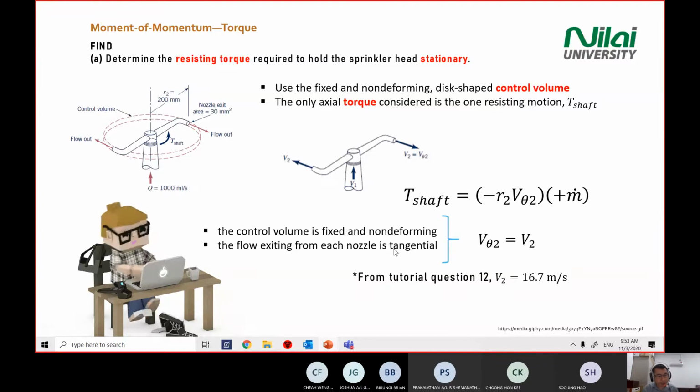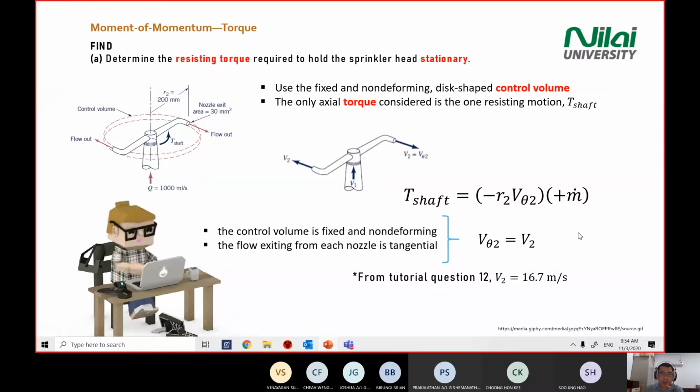Right now, from this, the same setting, if you refer to question 12 in the tutorial, we already defined that the velocity coming out from this side, our V2, is 16.7 meter per second. To get this answer, you need to refer back to tutorial question 12. So we are not going to look at V2 again.